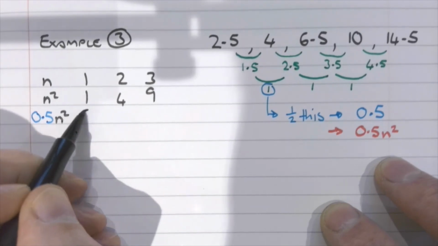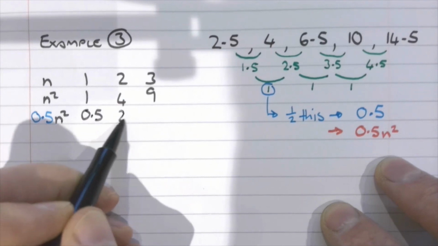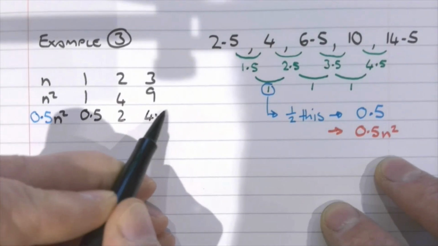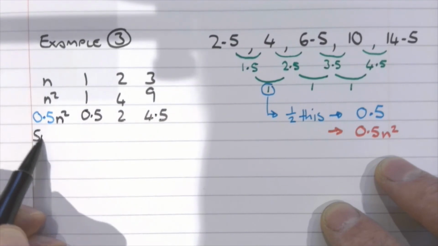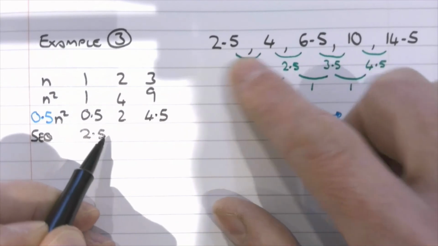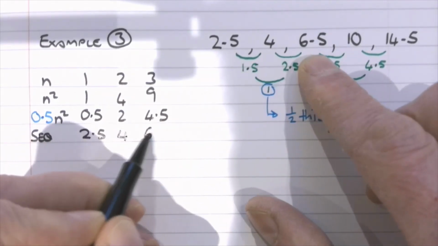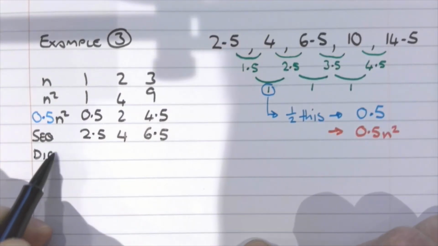Well, that's going to be 0.5, so half of that's 2, half of that's 4.5. So now I want my sequence numbers, don't I? So that's 2.5, 4, 6.5.